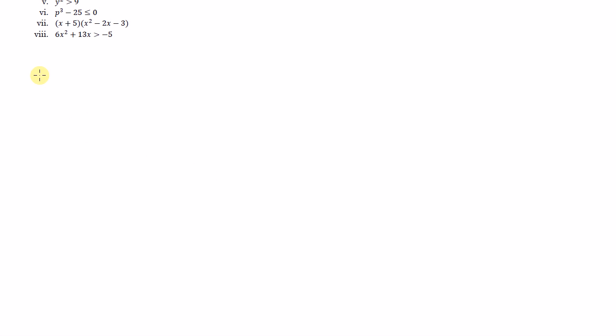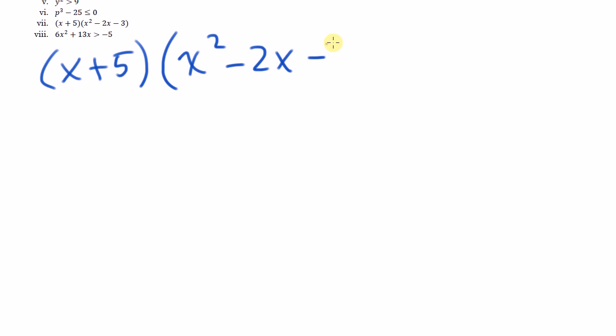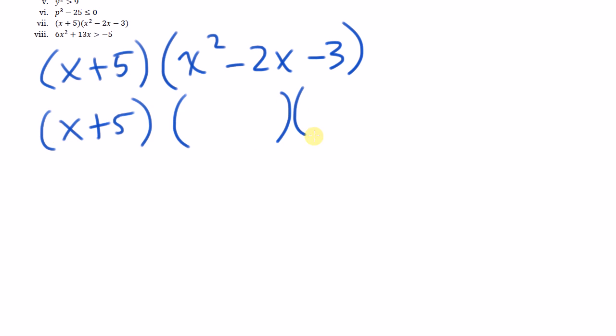All right, let's see. We have x plus 5 times x squared minus 2x minus 3. Okay, so we have this x plus 5. That's one of our zeros, and then I think this is going to factor pretty nice.